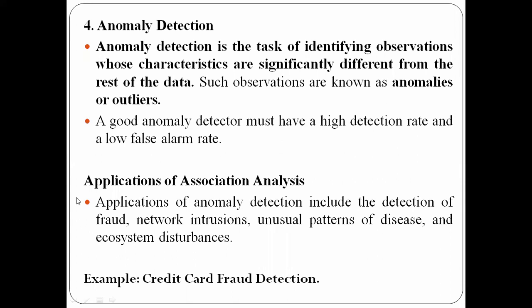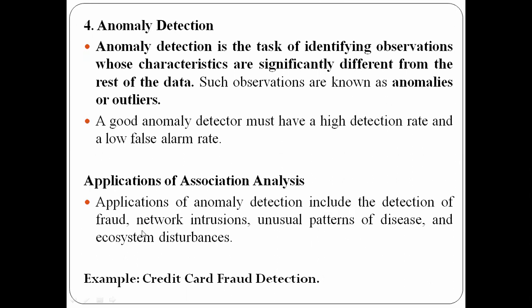Okay, then what is the application of anomaly detection? With the help of anomaly detection, we can find fraud related to credit cards, network intrusions, and unusual patterns of disease or ecosystem disturbances.